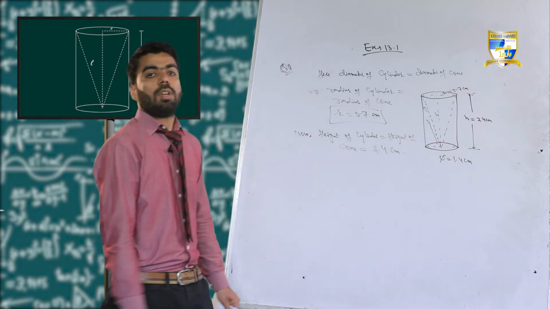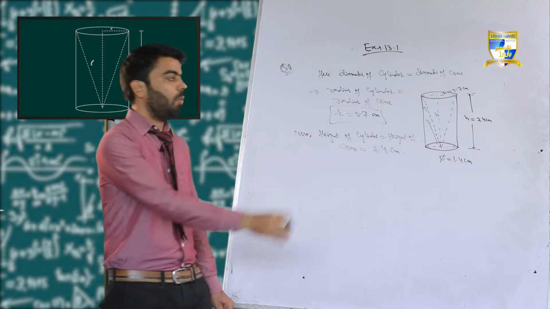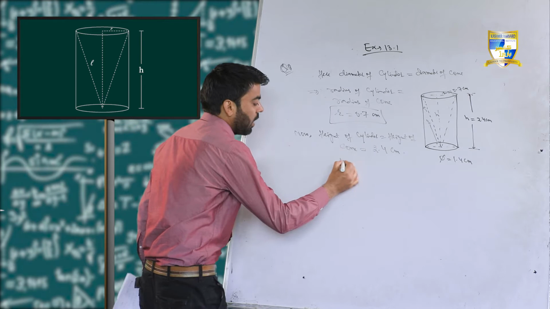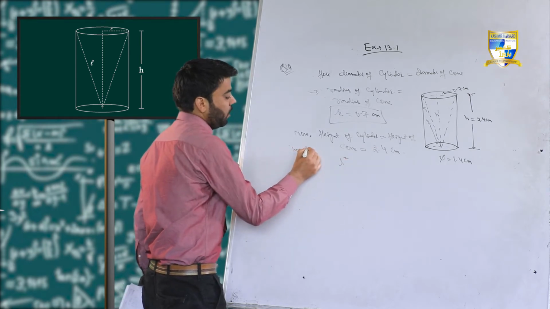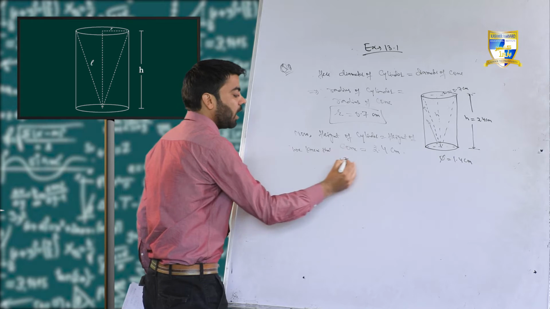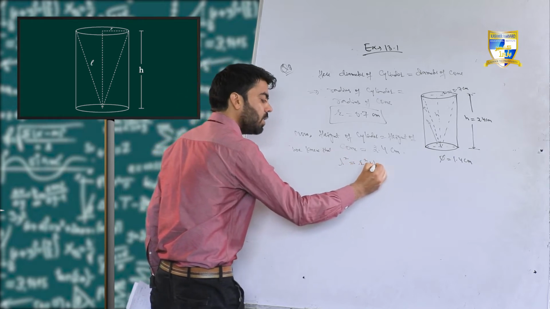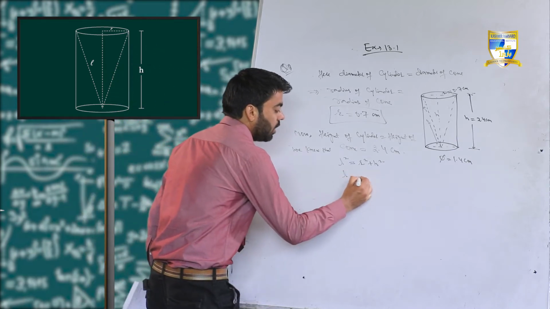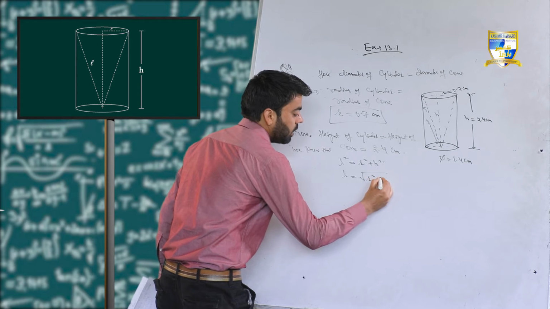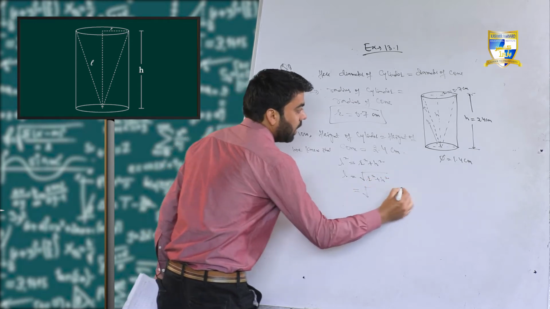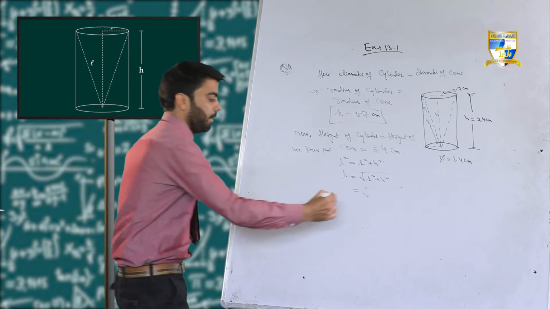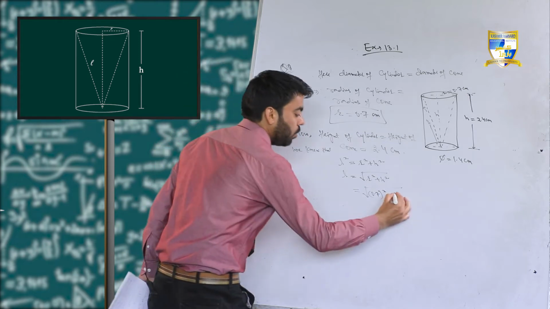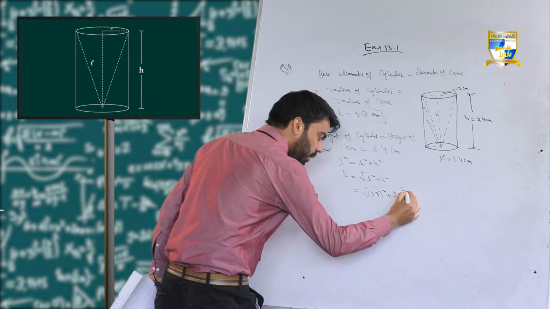We are supposed to calculate the l, because we need to determine the curved surface area of the cone. So we know that l square is equal to r square plus h square, using the Pythagoras theorem. That is, l is equal to under root of r square plus h square. r is 0.7 whole square plus h, which is 2.4 centimeter square.